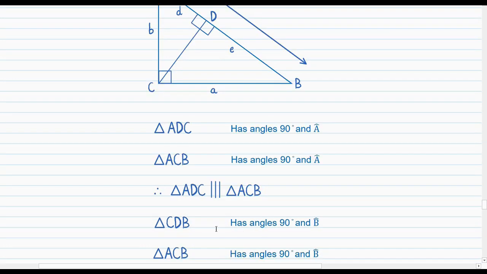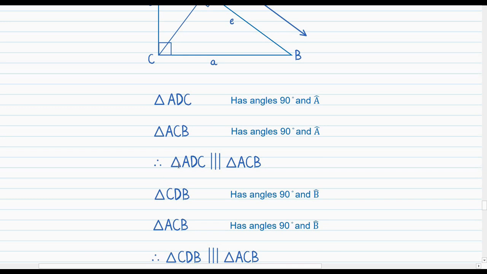Therefore, triangle CDB and ACB are also similar. Since both triangle ADC and triangle CDB are similar to triangle ACB, that implies they're similar to each other as well. Therefore, triangle CDB, triangle ACB, and triangle ADC are all similar.